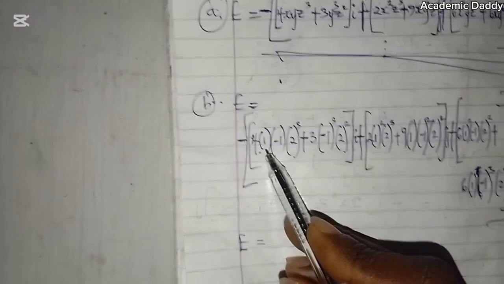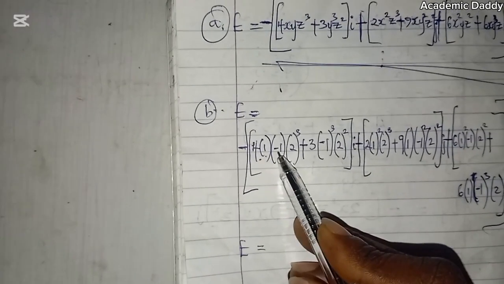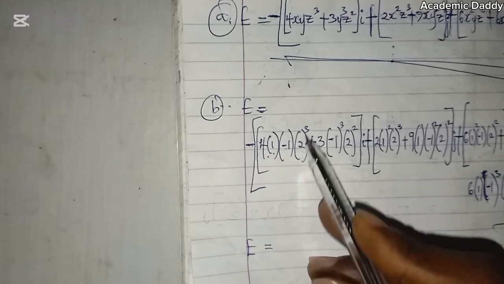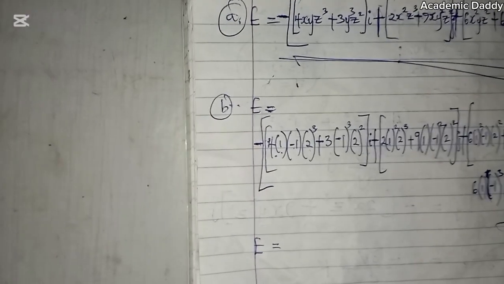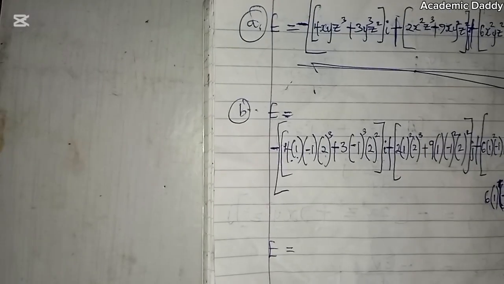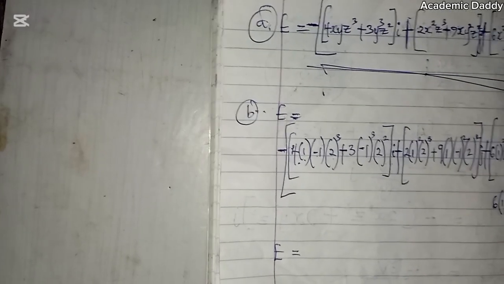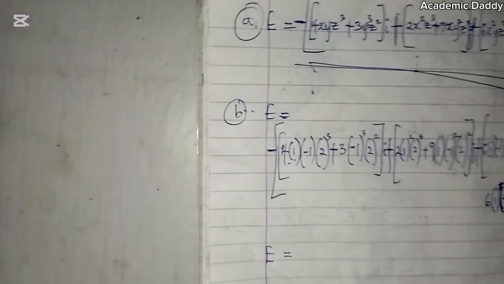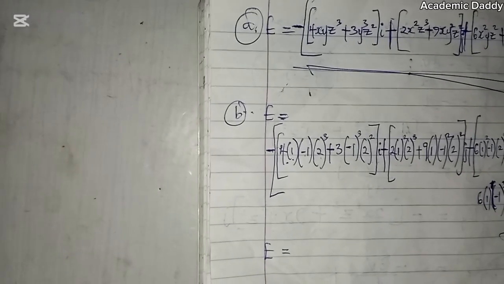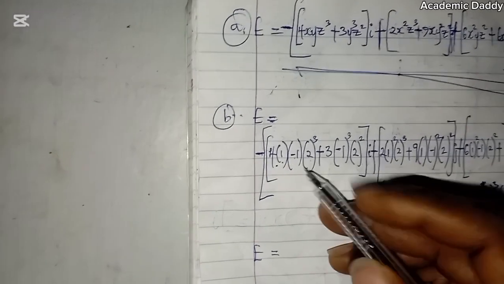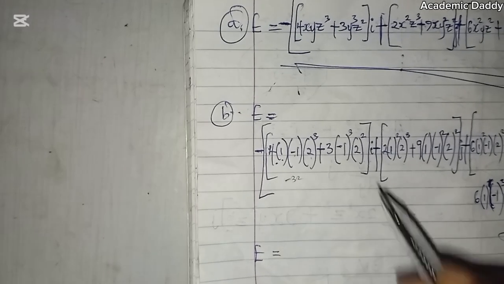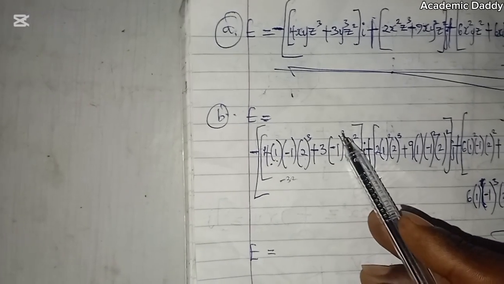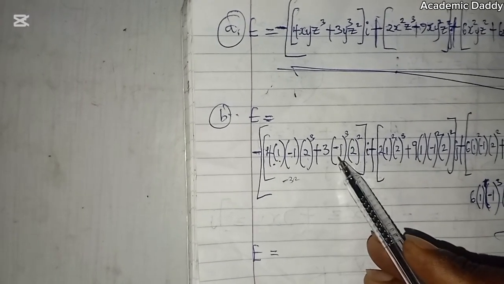4 times 1, 4 times minus 1 minus 4, 2 raised to power 3, 8. 8 times 4. Yes, 32. Okay, but notice that there's minus now, so minus 32. Minus raised to power 3 minus 1.